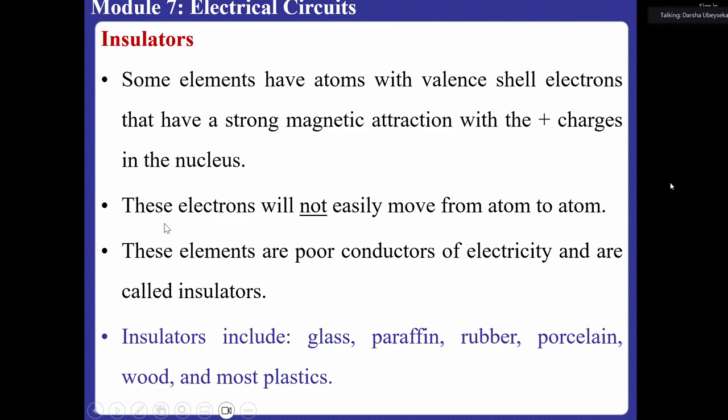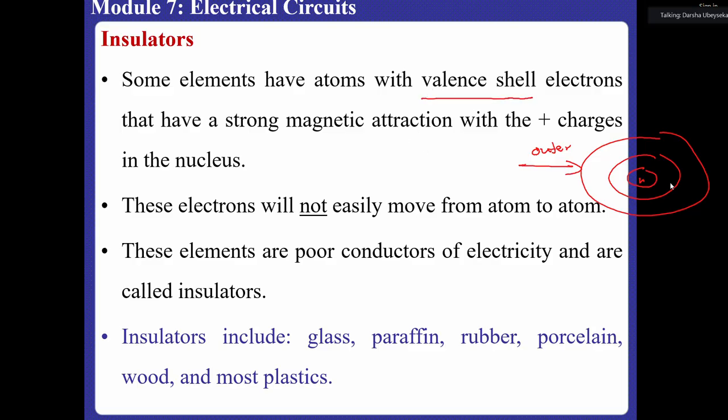Valence shell means the outermost orbit. I told you the nucleus is there, then there are some orbits like that. Which one is the very outermost? That shell or orbit we call the valence shell. So electrons in that shell we call valence electrons.